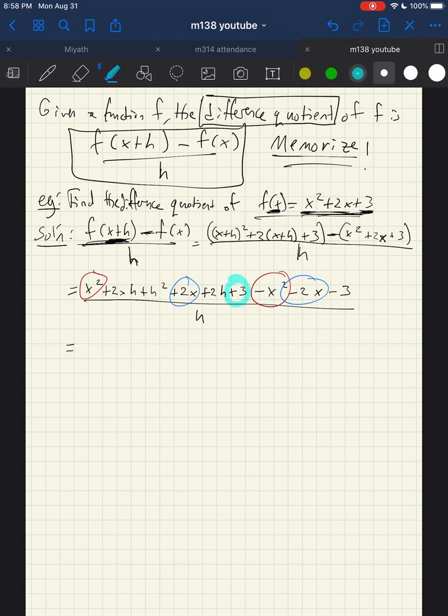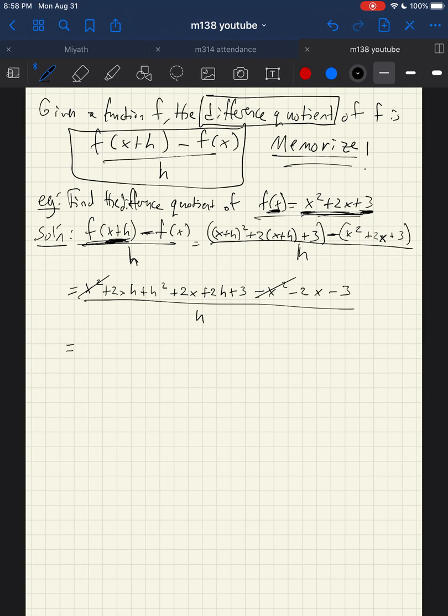We've got plus 3 minus 3. So we should only be left with these 3 terms, okay? When we're done with everything, those 3 terms should be all that we have left. Okay, so let's get rid of the distractions. X squared will cancel with x squared.